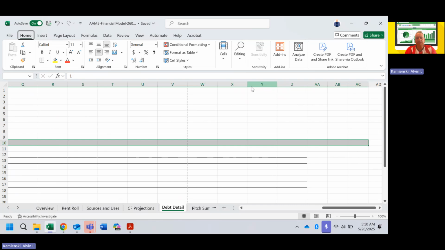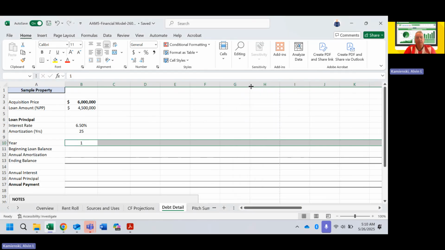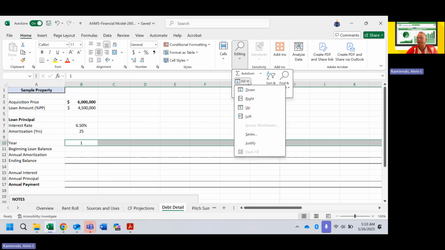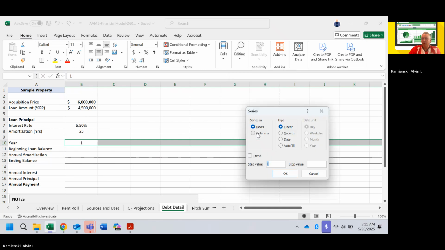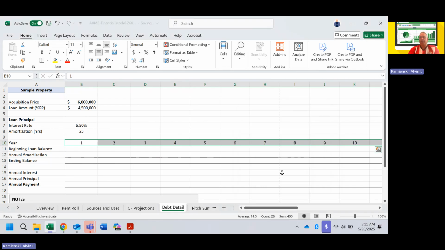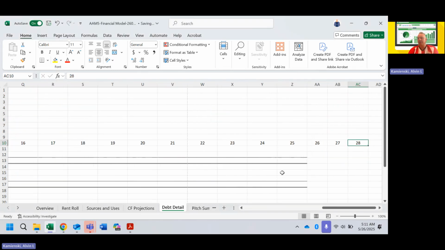Sorry, it's off of cells, editing, something called fill, and I'm going to fill in a series where I take those and I linearly add 1. So just the defaults. And what that does is it just plots all those numbers for me.